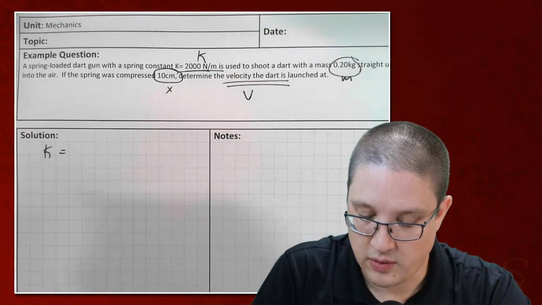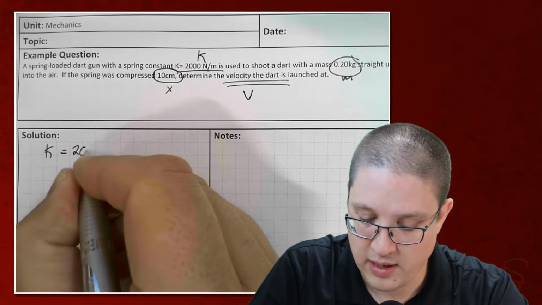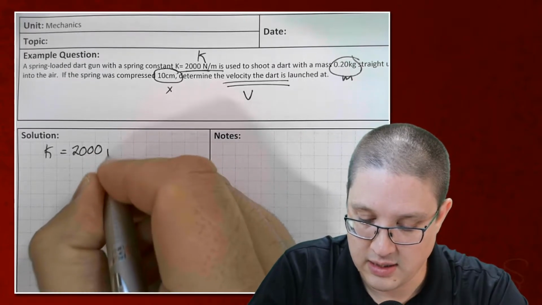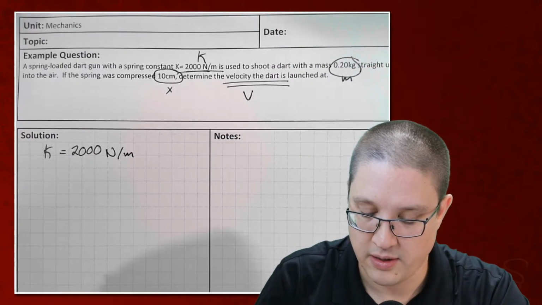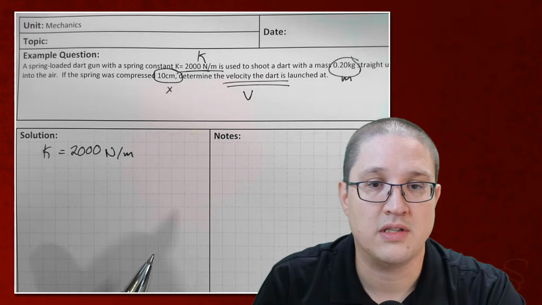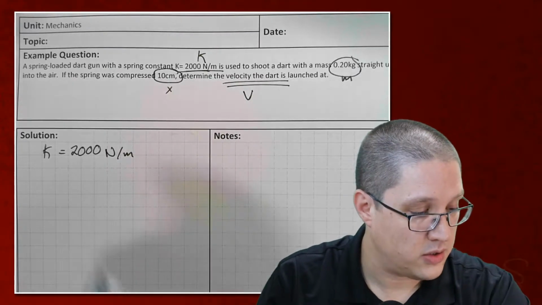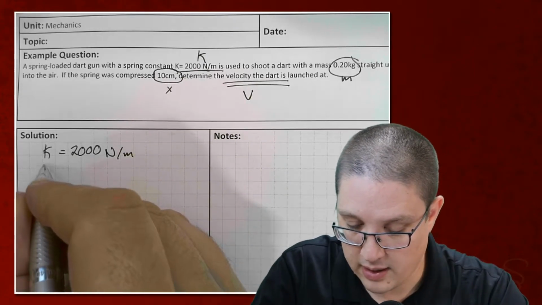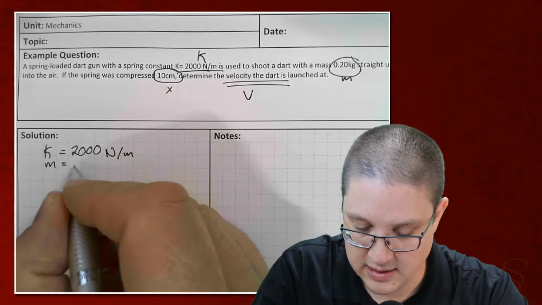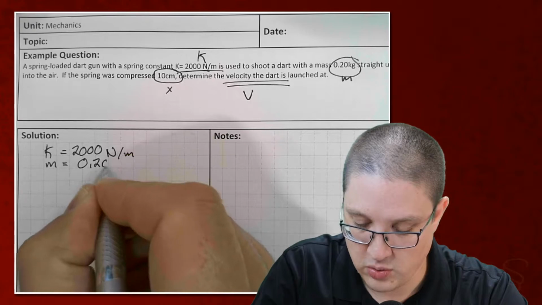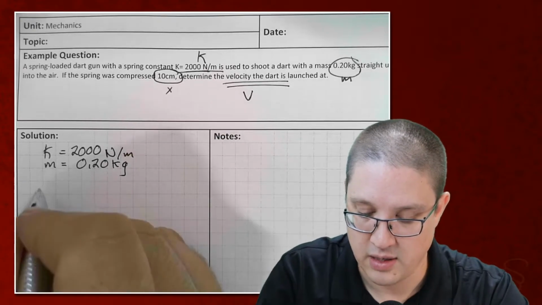So let's start writing out what I know here. I know that my spring constant is 2,000 newtons per meter. Be careful about your units here. This is newtons per meter. This is centimeters. So if I look at this, my mass is pretty easy. That's 0.20 kilograms. Those are my standard units.